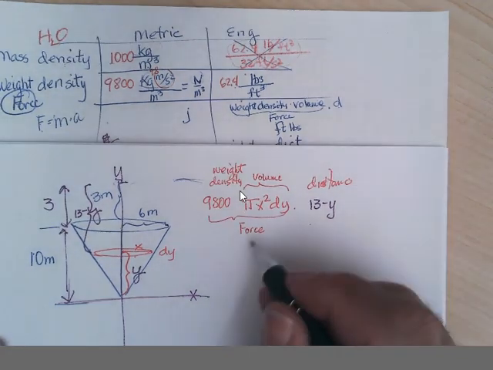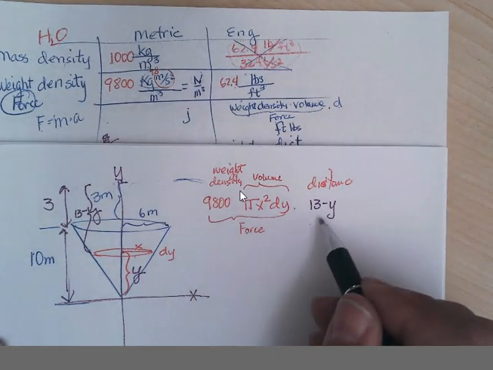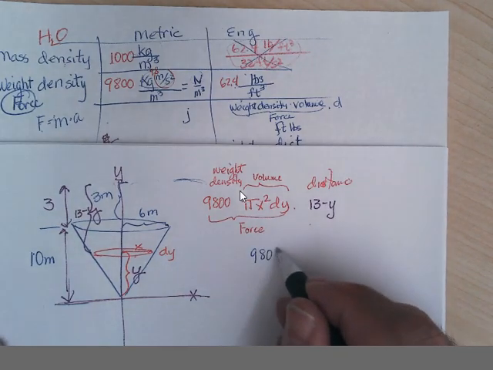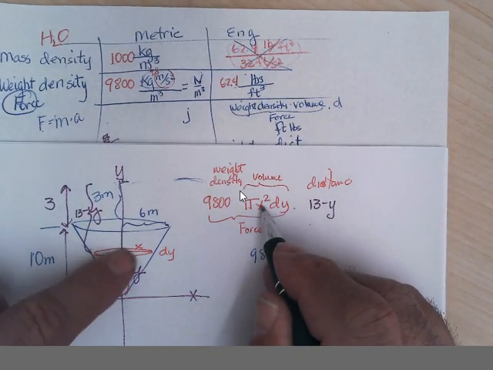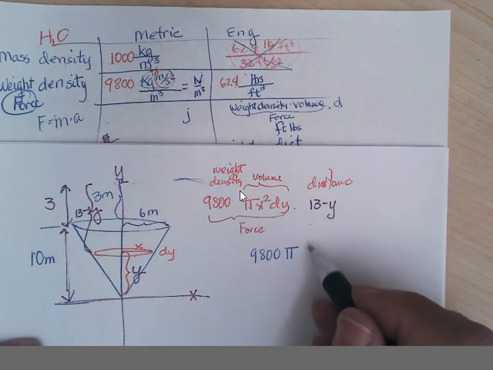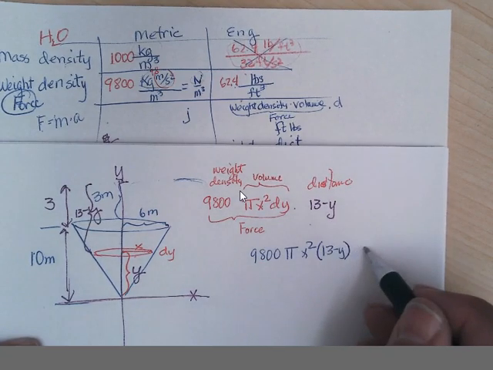So I'm going to have to lift this one disk. The work done to do this one disk is going to be 9800 pi x squared, and then I'll do 13 minus y, and then I'll put my dy at the end.